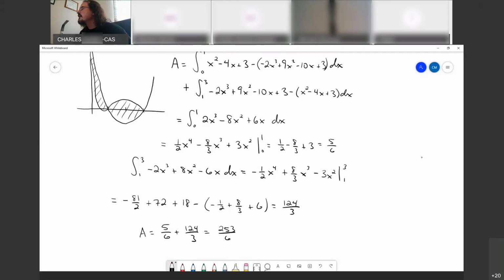If I plug in 3 there, I get 27, right? So that should be a minus 27, is that correct? And then for this, if I plug in 1 there, that should be minus 3. 16/3. Does that sound better? And 16/3 plus 5/6, 37/6. Sorry about that.